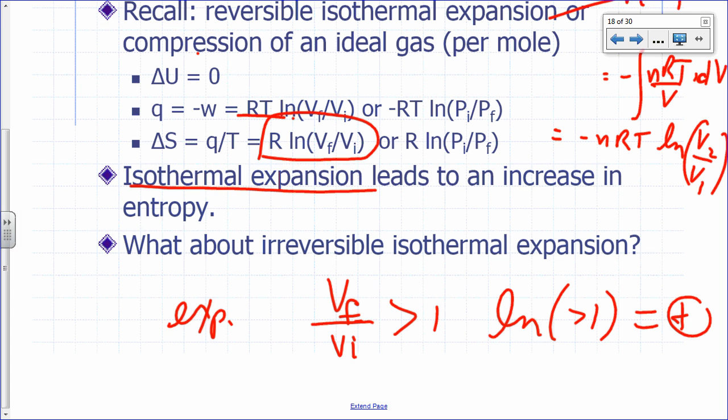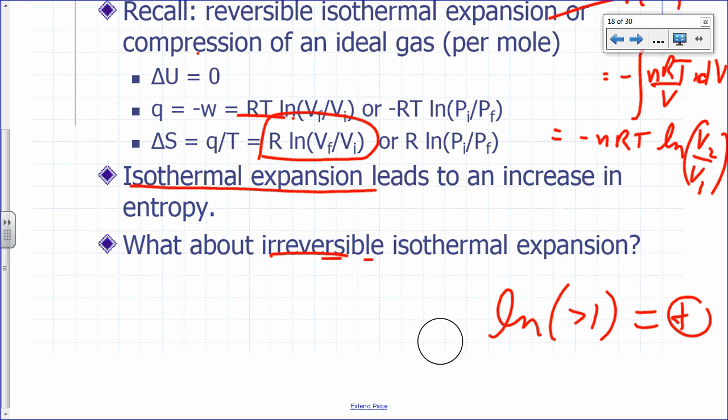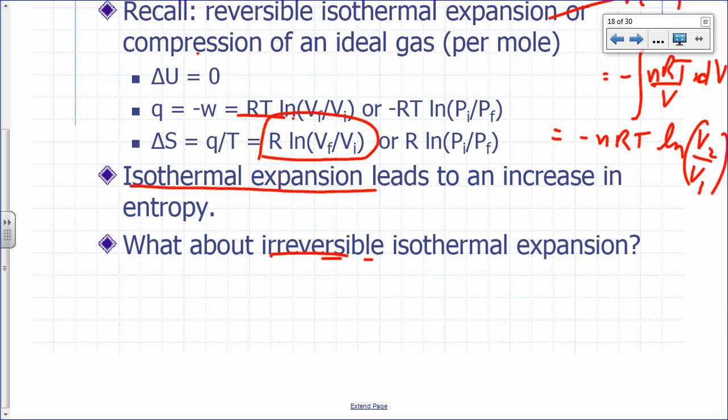What if the process is irreversible? It doesn't matter. As long as you know what your initial state and your final state are, you can always imagine the process happening reversibly. In fact, you have to imagine a reversible process if you want to calculate delta S. Calculating delta S requires that you identify the initial state and the final state.